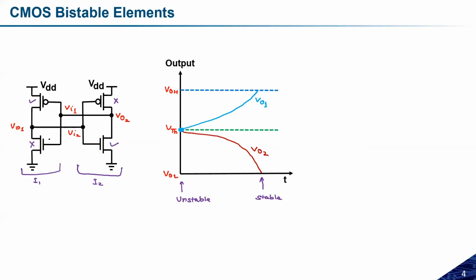So if we see here, 2 transistors are in the on state and 2 transistors are in the off state. One PMOS and one NMOS are in the on state, and one NMOS and one PMOS are in the off state. So this is really very important. What we have done here is provide some change in the input of any of the inverters, and accordingly we can get logic 0 or logic 1.